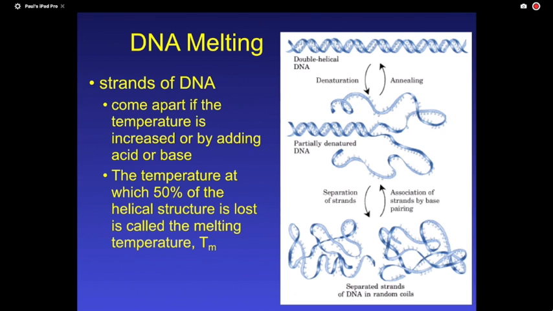If we allow it to cool, or another name for that is to anneal back together, they actually come back and form the double-stranded DNA exactly as they were when we first started. So we can denature it or melt it, and it can anneal back into a perfect alignment. The reason why it comes back in perfect alignment is the base pairing and the sequential order of how they come together.